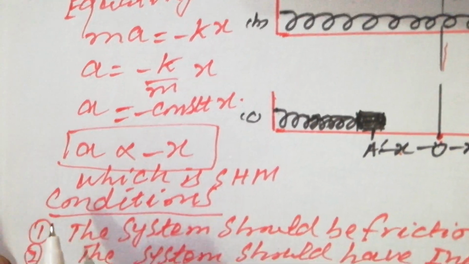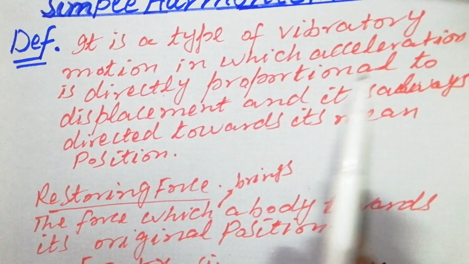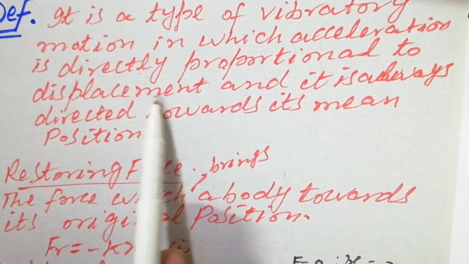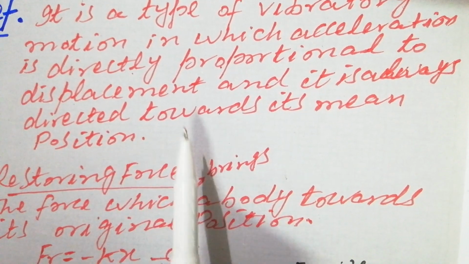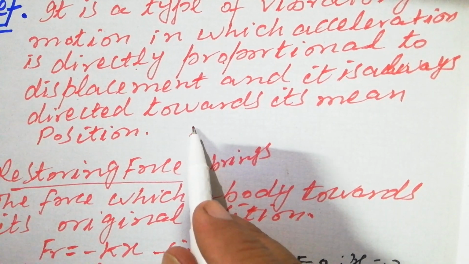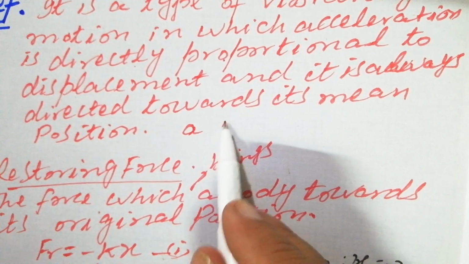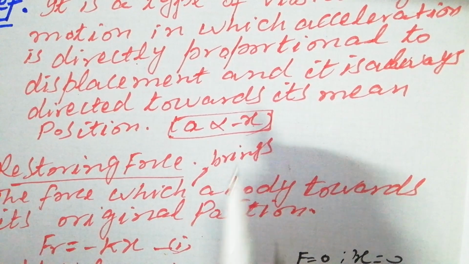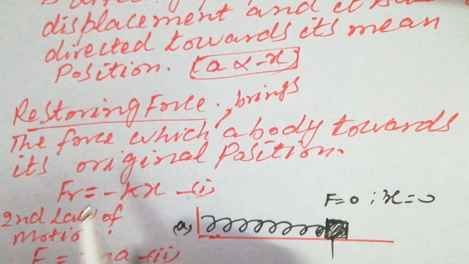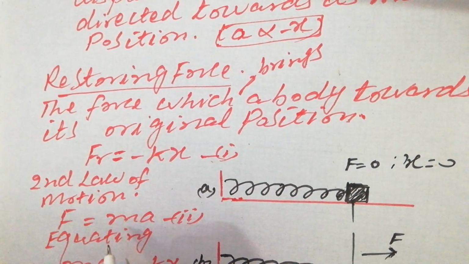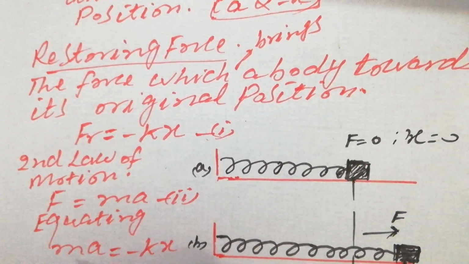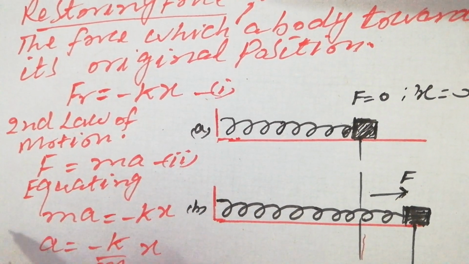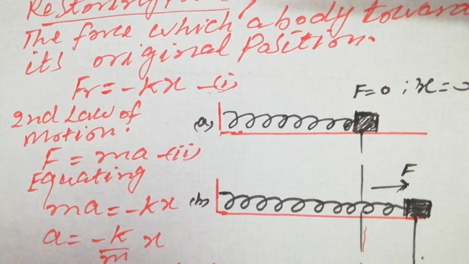Look again here, students. I've just told you about simple harmonic motion. First of all, you must know the definition. It's a type of vibratory motion in which acceleration is directly proportional to displacement, and it is always directed towards its mean position. You can write it mathematically as a is proportional to minus x. The examples are the simple pendulum and spring mass system, and we have proved that a is proportional to minus x.